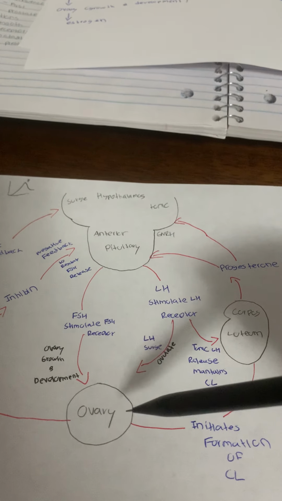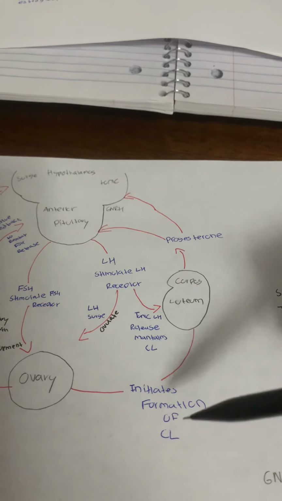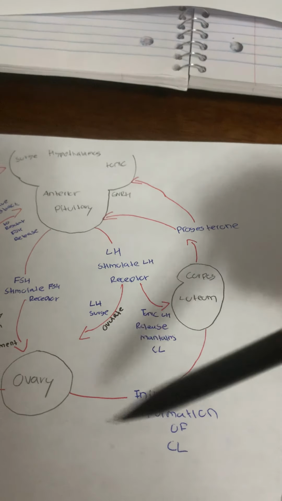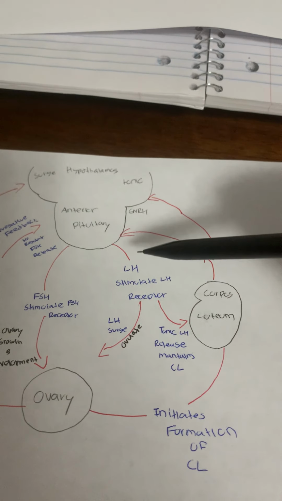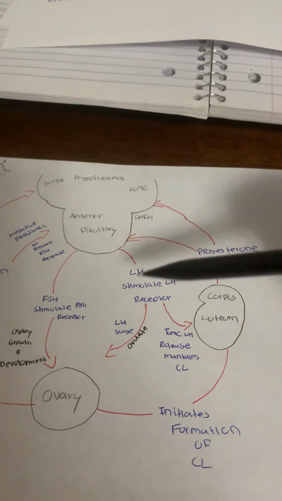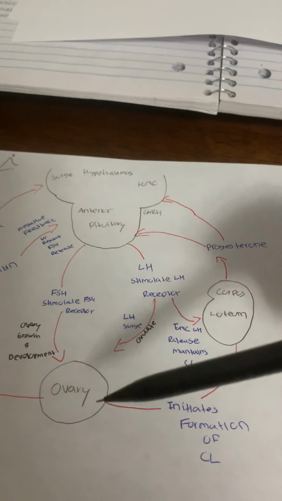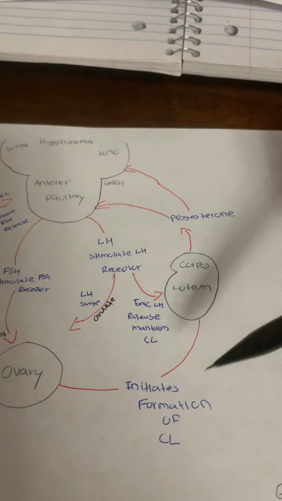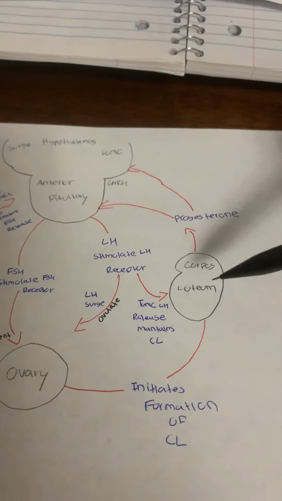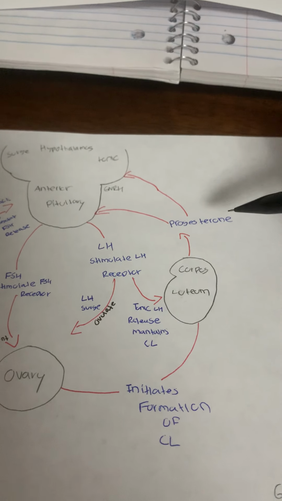Ovulating our ovary, we are going to have an initiation of the CL, which is our corpus luteum, which we see here. So it goes from a surge of our GnRH, stimulating our LH receptor, which surges, which ovulates our ovary, which initiates the formation of the corpus luteum, which in turn produces progesterone.